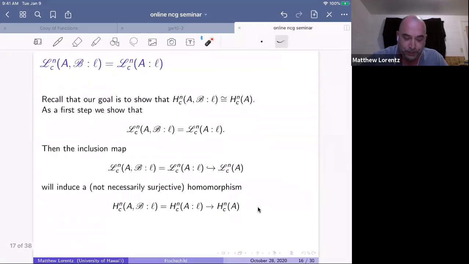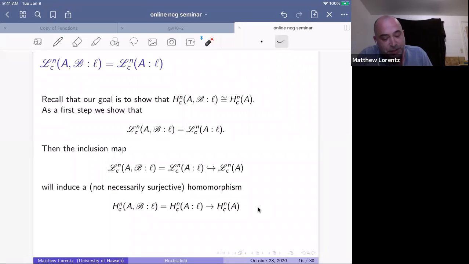So our goal is to show that these L-infinity multimodular maps from the uniform Roe algebra to the bounded operators are isomorphic to the operators that take the uniform Roe algebra to itself.